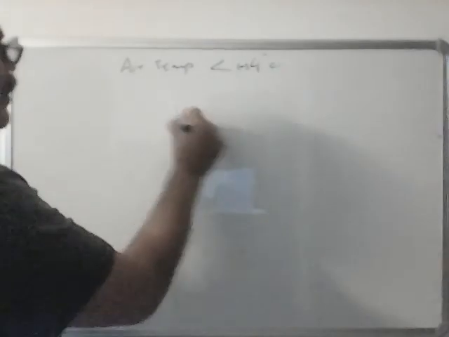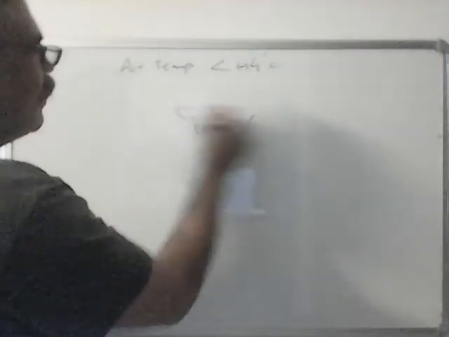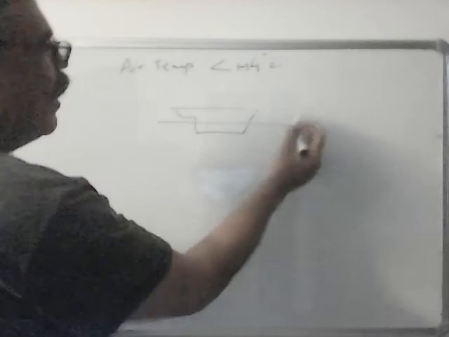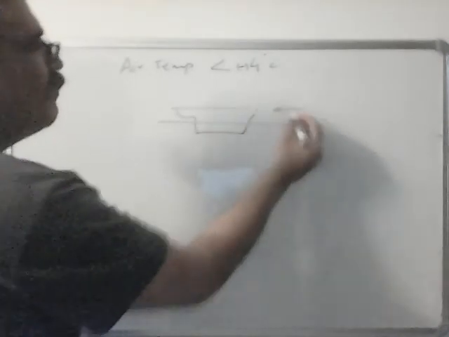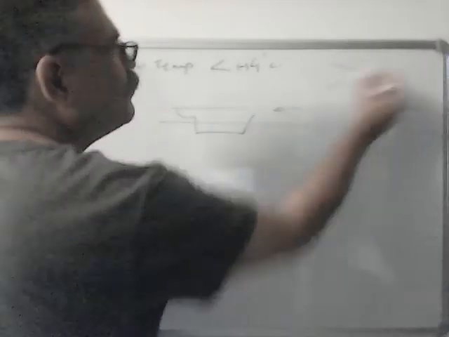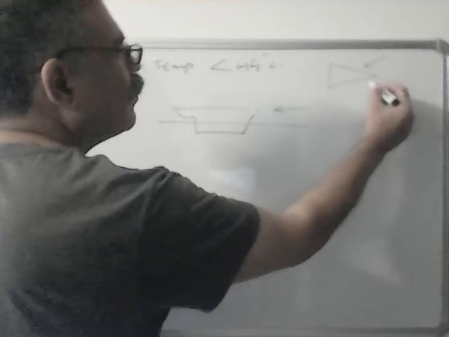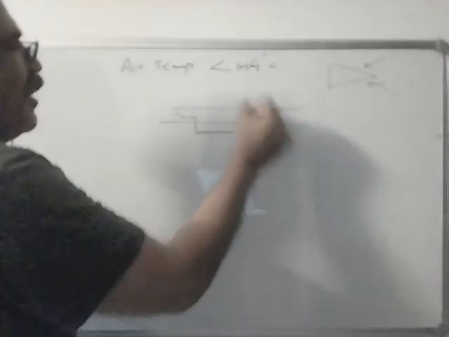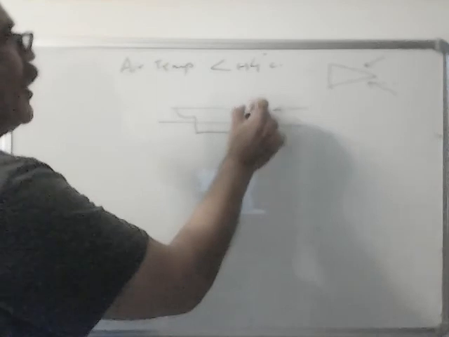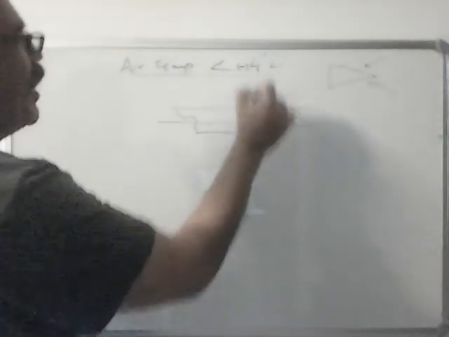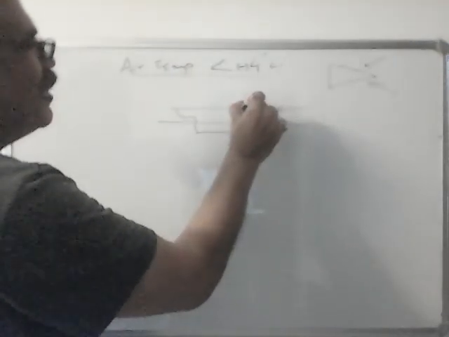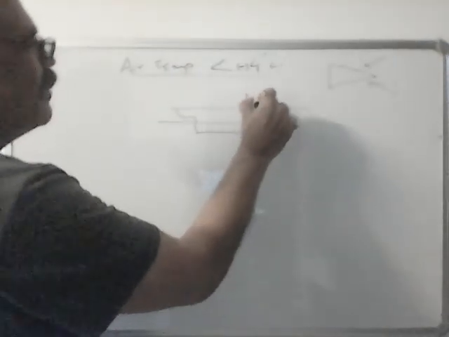So if you are having this type of air temperature and you are having wind from the forward part or from the bow, any spray which is coming here is exposed to air temperature less than minus 4, and as soon as it comes here, it becomes ice.